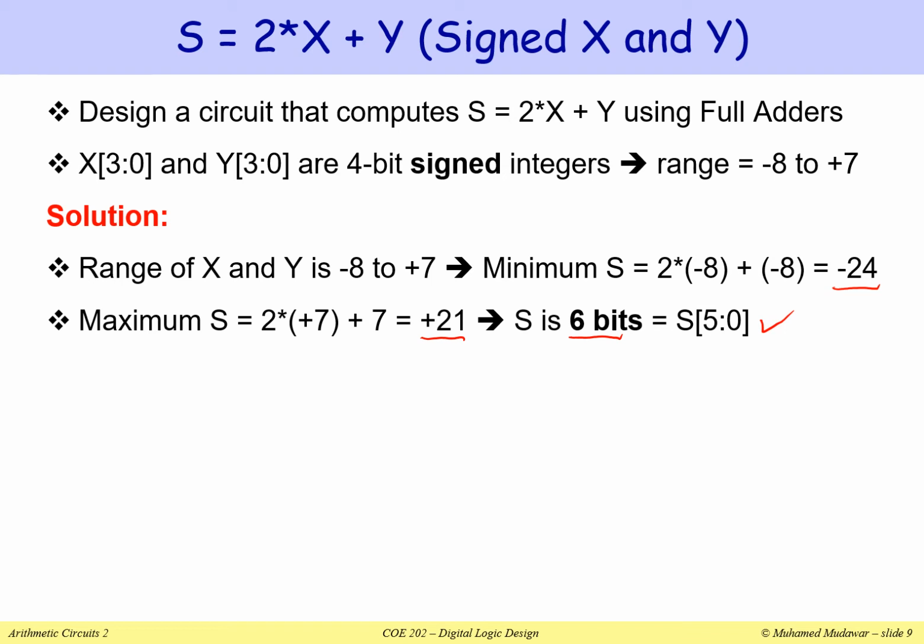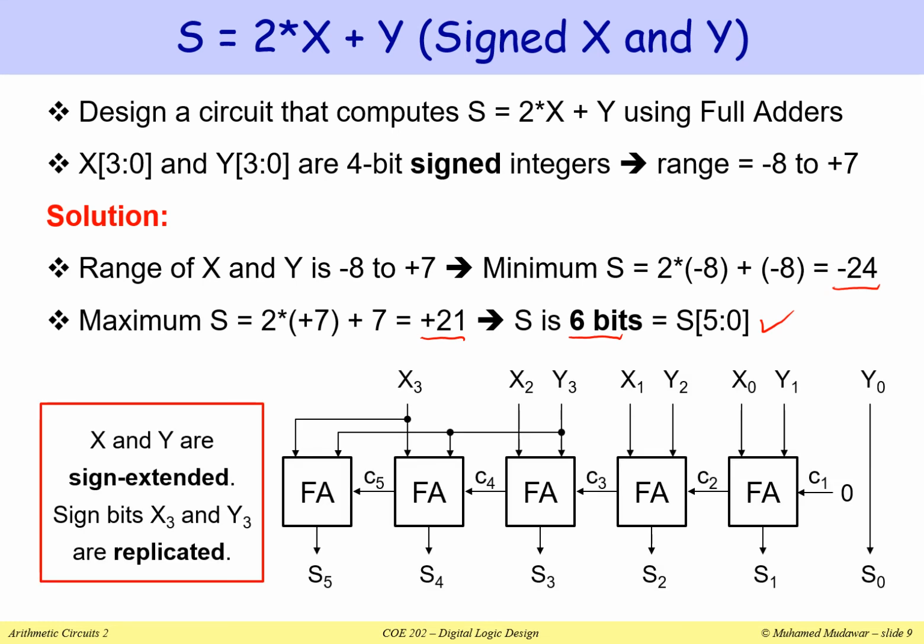The trick is to use shifting. So to multiply X by 2, I need to shift X to the left by 1 bit. So here's my circuit. When I shift X to the left, then I'm going to add X0 plus Y1. I'm going to add X1 plus Y2 and so on. This Y0 will be added to 0.